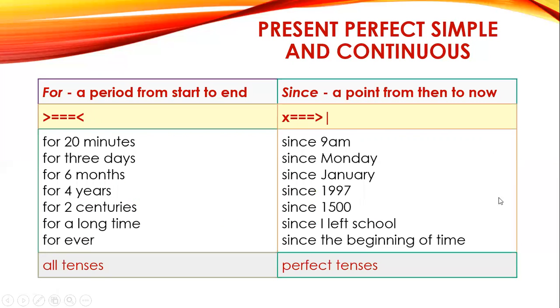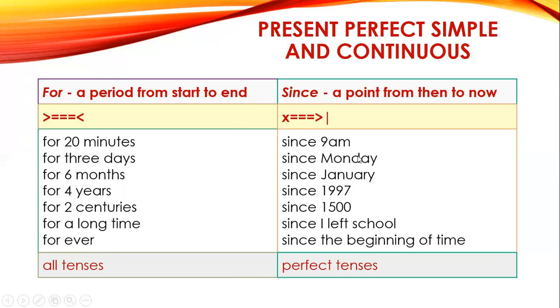We have here some examples to show you the uses of for, giving the meaning of a period of time, and the uses of since to specify a specific point. Okay, so in this case you can use for 20 minutes, for 3 days, for 6 months, for 4 years, for 2 centuries, for a long time, or forever.